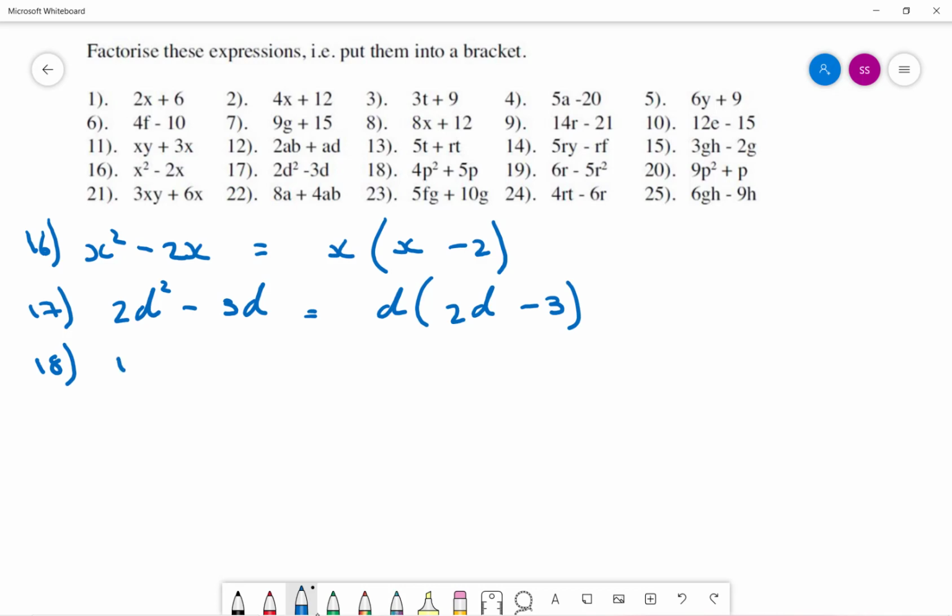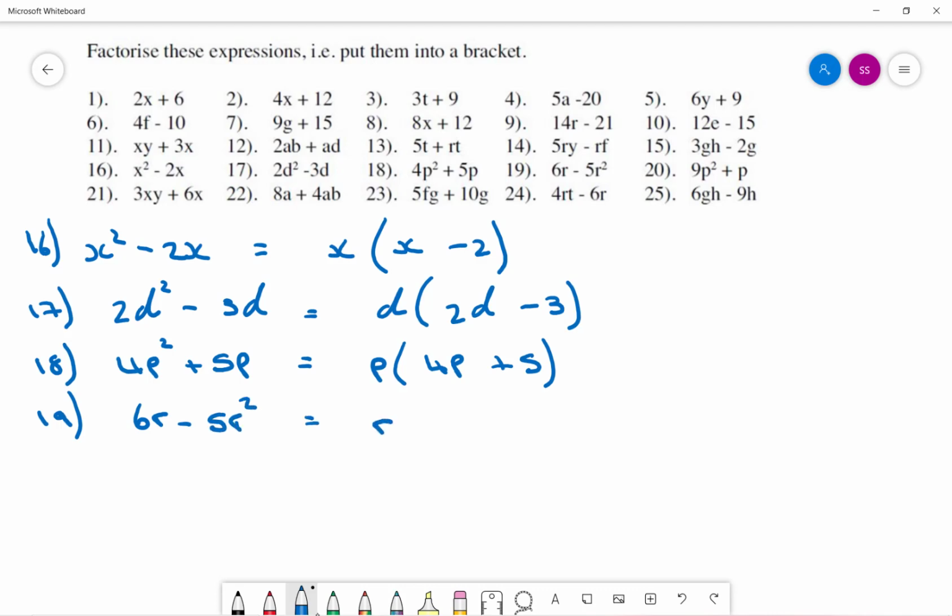For number 18, 4p squared plus 5p. Our common factor here is going to be p. 4p squared divided by p will leave 4p, and 5p divided by p will leave plus 5. Number 19, 6r minus 5r squared.